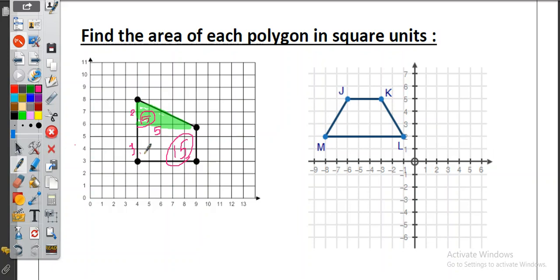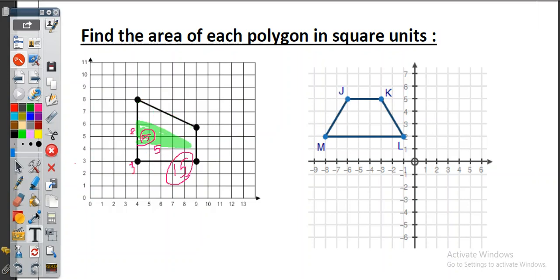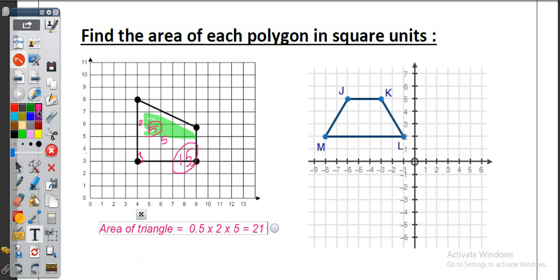Let's write this down. If you call this A and the triangle B, well, there's no need even to write this. You will say area of the triangle equals half times the base times the height equals 5.